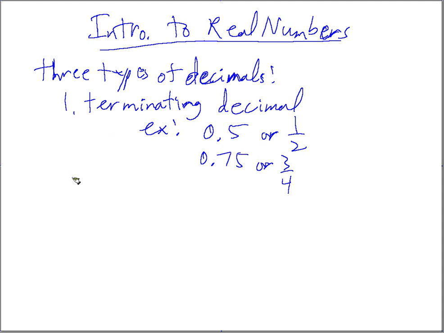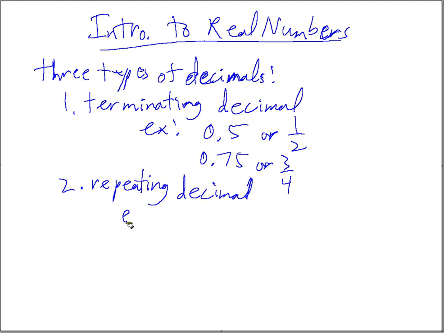So let's look at the next type. What about decimals that don't come to an end? Well, there are two types of that. The first type will be the repeating decimal. This one goes on forever, but it has a pattern to it.